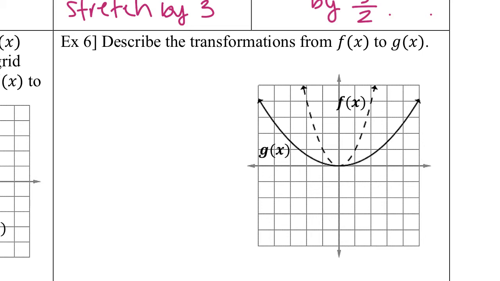So again, the original ratio from vertex to the first point is 1 and 1. So now we have to look at our new function. So from here, and then this is our first point. It's up 1, but I go way past my 1, so I'm further out from my original quadratic function. So that means this was vertically compressed.